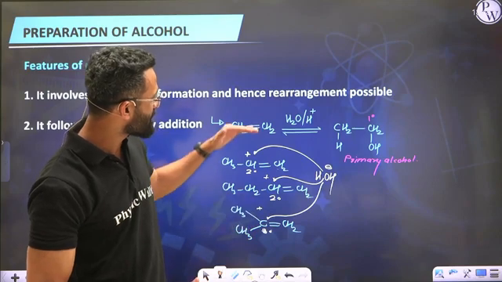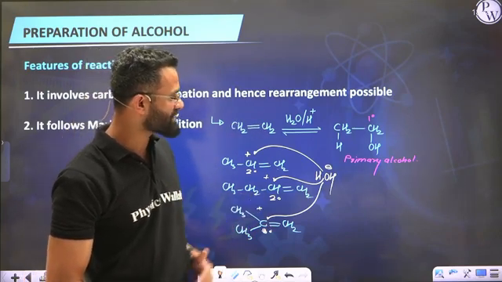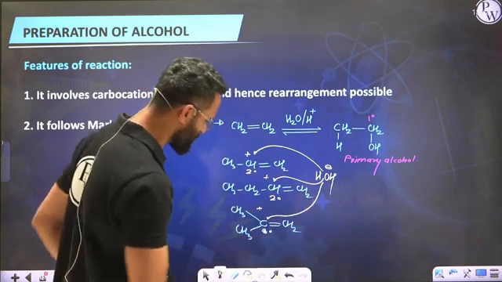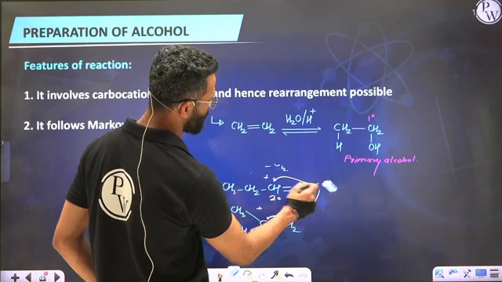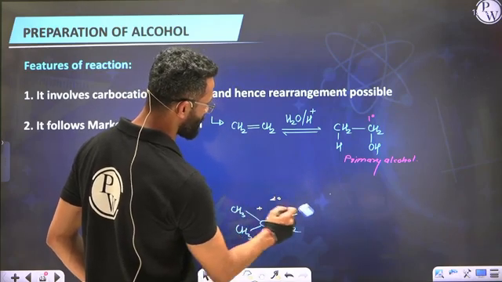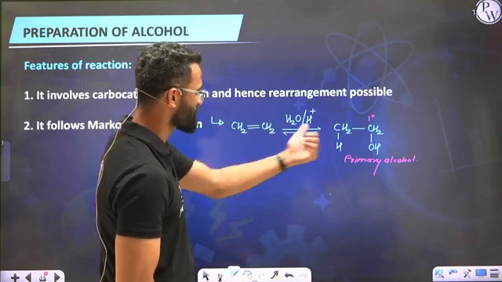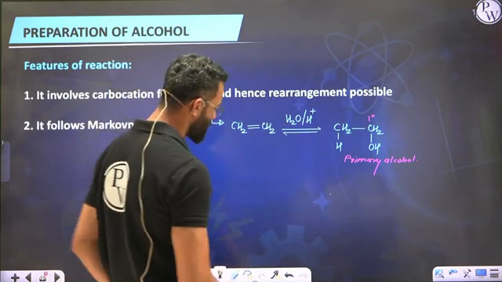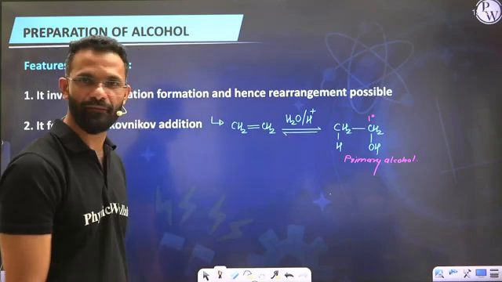Hence, other than ethene, for any other alkene the alcohol obtained is either secondary or tertiary. Which means ethene is a special case, the only alkene which upon acid catalyzed hydration will produce a primary alcohol. No other alkene can produce primary alcohol. So remember this as one piece of information.